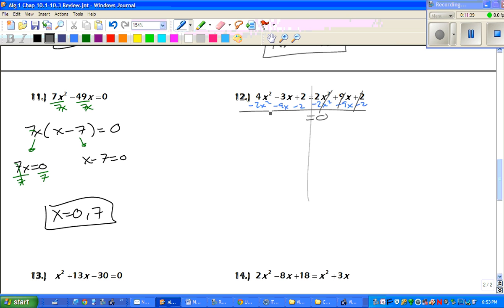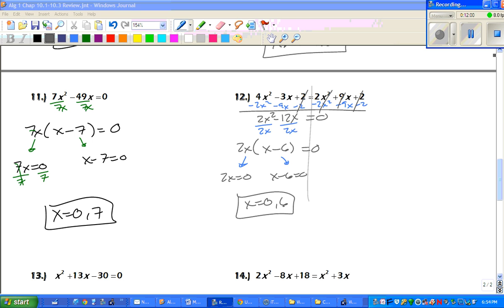So everything cancels on the right side, and we're left with 2x squared minus 12x, and negative 2 and positive 2 cancel. Now, this is just like number 11, so go ahead and finish the problem all on your own. Pause the video. Okay, and when you're all done, you get x equals 0 and 6.